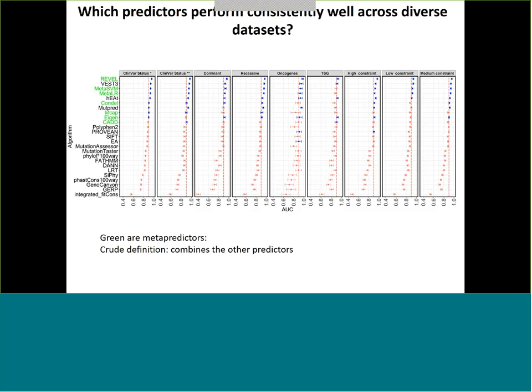So you can see that they are performing pretty well, and it's not surprising because these, at least REVEL, MetaSVM, they include some of these, or actually most of these algorithms, and combine them and then make a prediction.